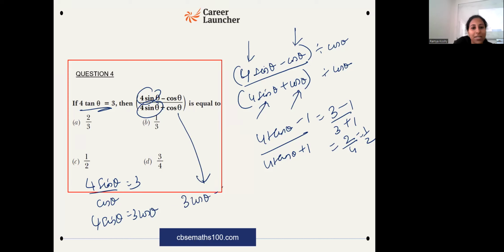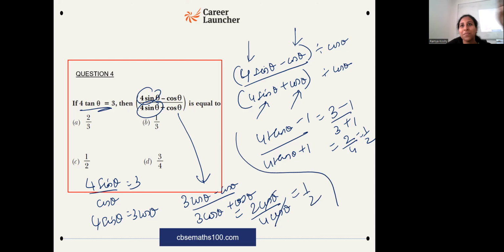You will get 3 cos theta minus cos theta by 3 cos theta plus cos theta, which is 2 cos theta divided by 4 cos theta. Again, you get the same answer, half. Both these ways are considerably shorter rather than finding the values of sin theta, cos theta separately. Is everyone following, or is there any concerns, any doubts?